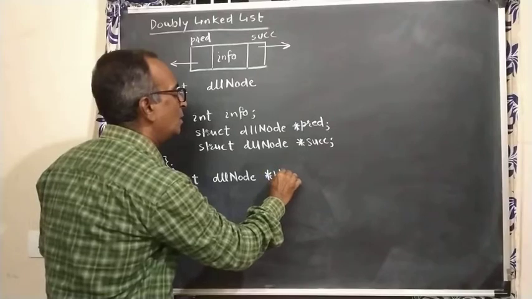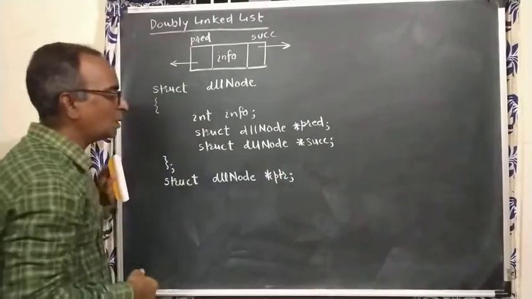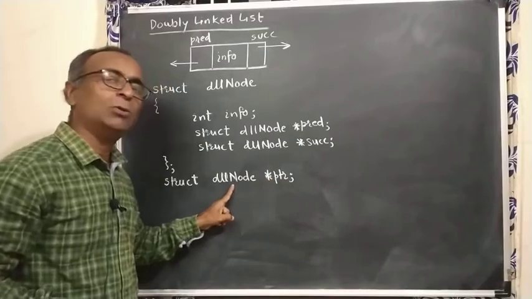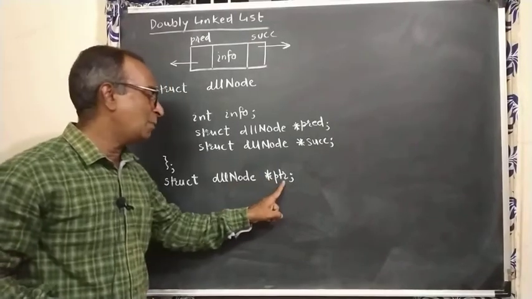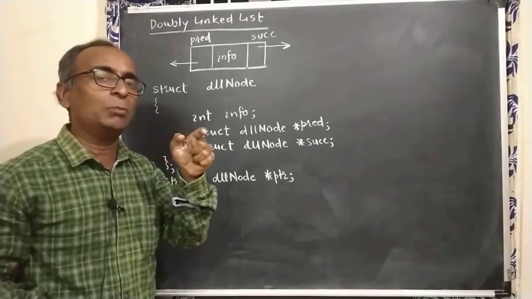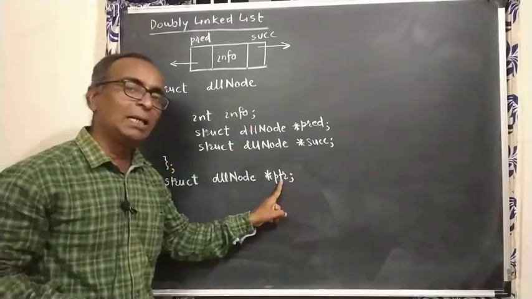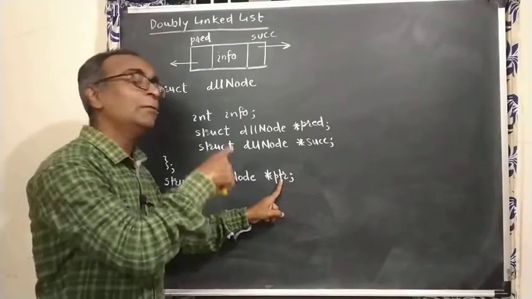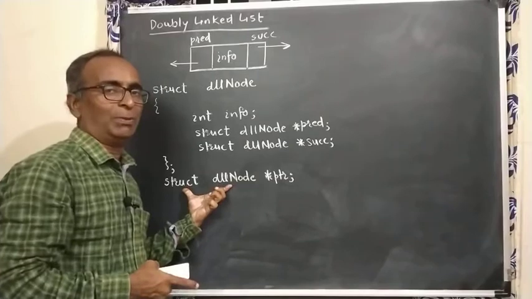Suppose I am giving a pointer. Now what is pointer? It is PTR, a pointer to DLL node structure. Now this pointer is not a node. It is only a pointer pointing to a node. Means what PTR can store? PTR can store only address of one node of this type.